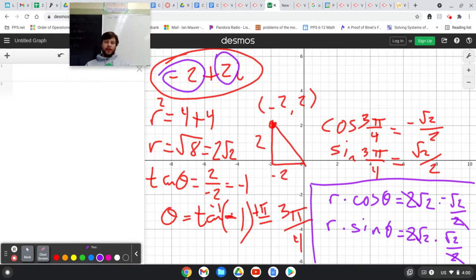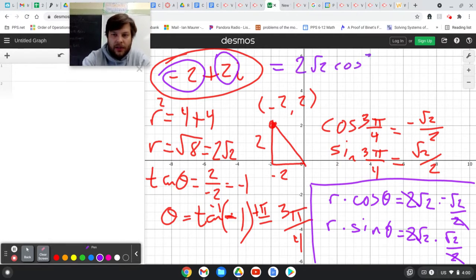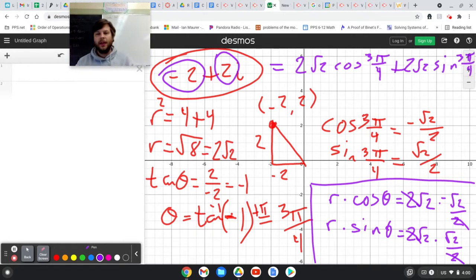And so the point is that you can take a complex number that's written in rectangular coordinates, in Cartesian coordinates, and you can represent it as r times the cosine of theta plus r times the sine of theta. And you should notice that both of those terms have the r value in common.